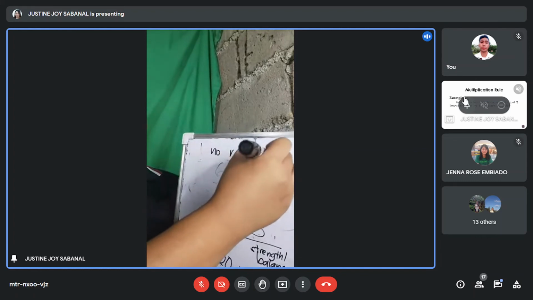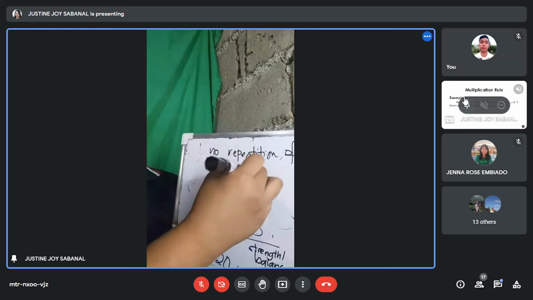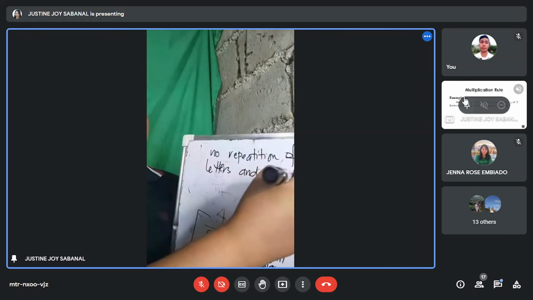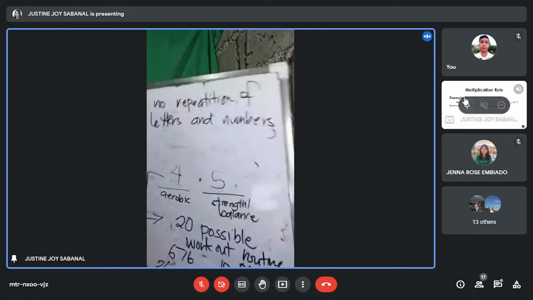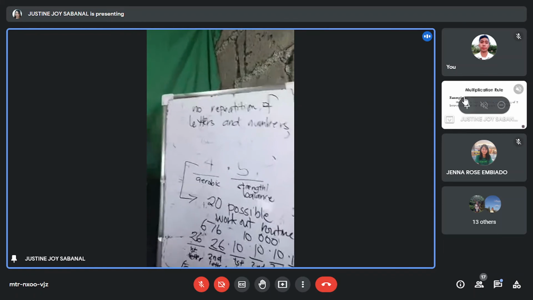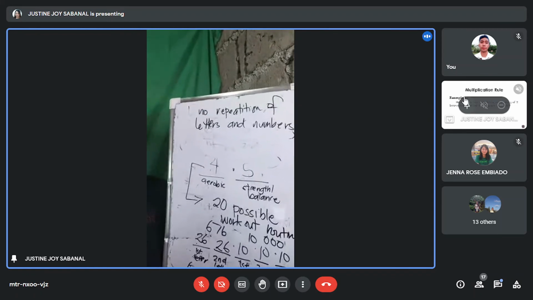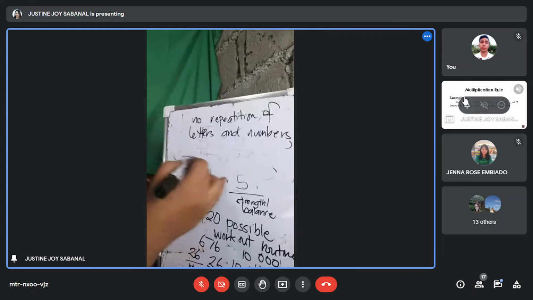So, ano kaya yung magiging value? So, ganun pa rin. So, the license plate consists of 2 letters followed by 4 digits, but no repetition of letters and numbers.